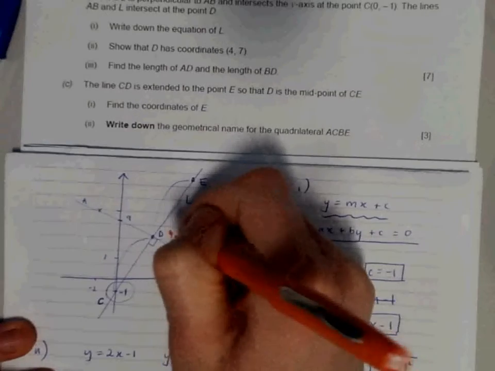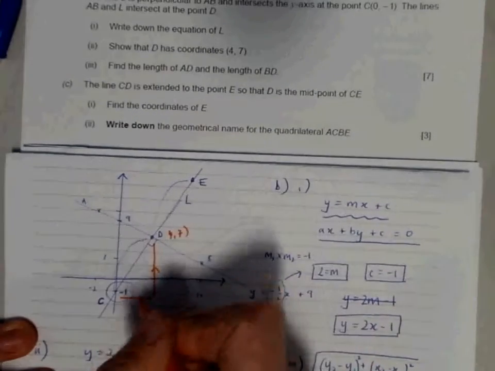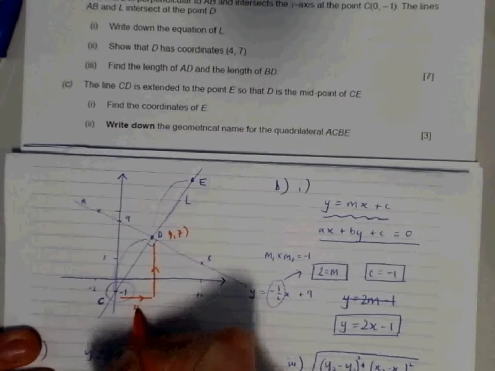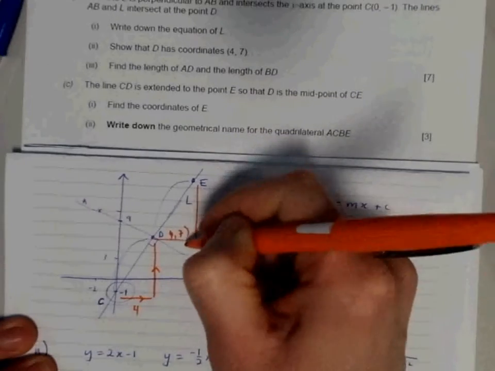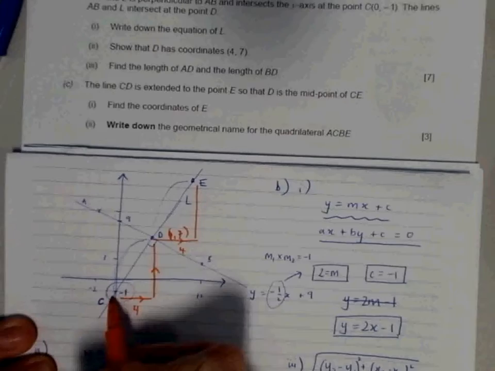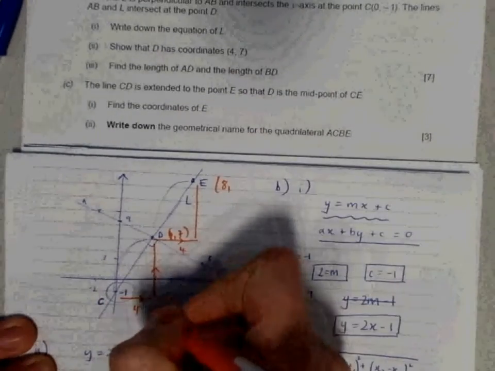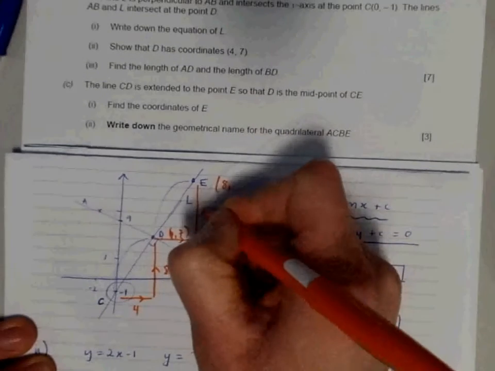We know that D was the point 4, 7. Okay, so to get across from there to there, the x-coordinate here is 0, and it's gone across to 4, so it's gone across 4 units. So to get to E, if it's the midpoint, I have to do the same number of steps, so I've got to go across 4 again. So if this was 0, it's gone to 4, this is now going to have an x-coordinate 8. This is at minus 1, and it's gone up to 7, it's gone up 8 squares.